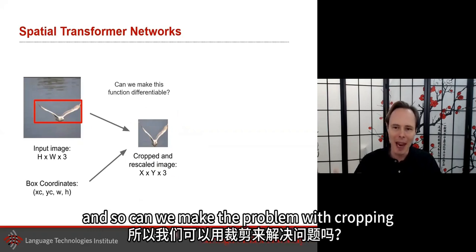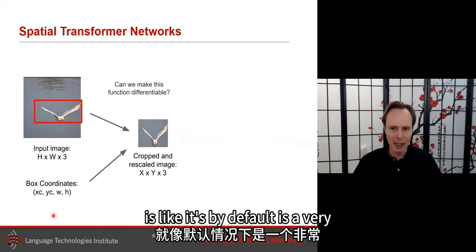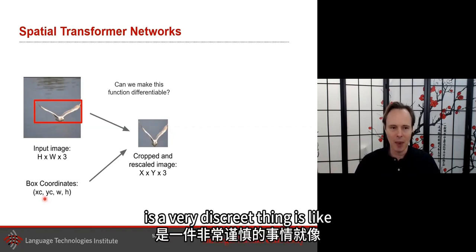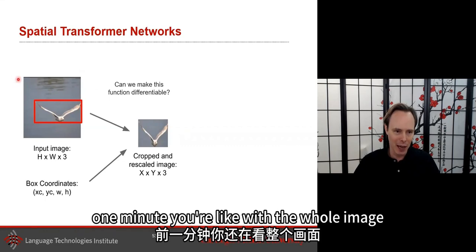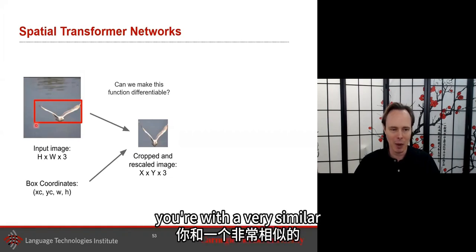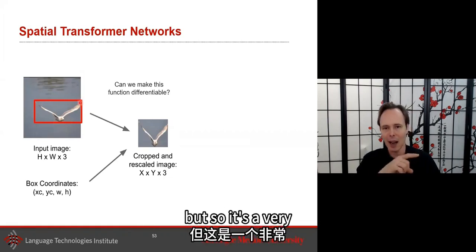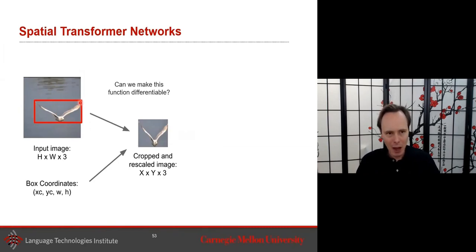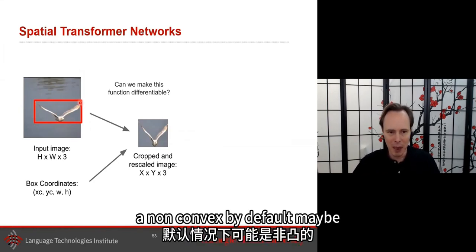The problem with cropping is that it is by default a very discrete thing. One minute you're with the whole image, and the next moment you're with a very small bit. So it's a very non-convex process by default, maybe.